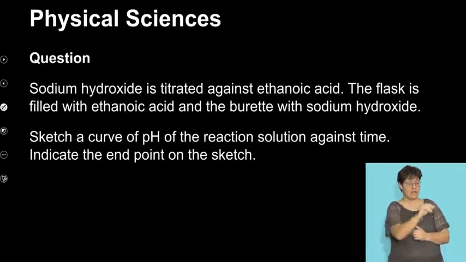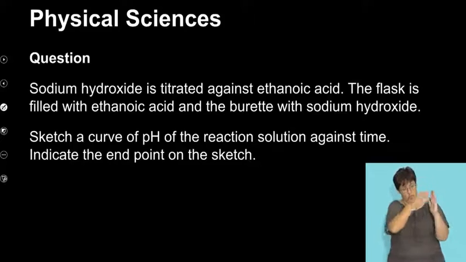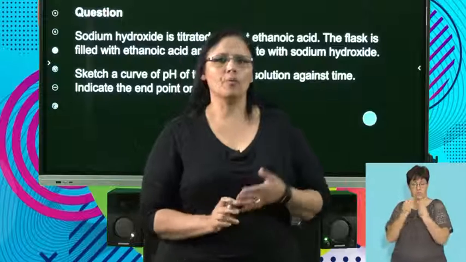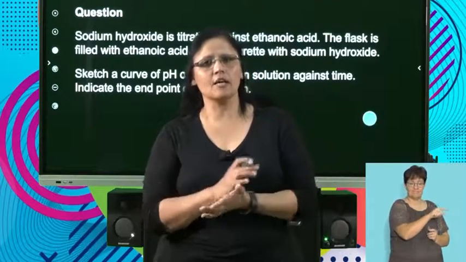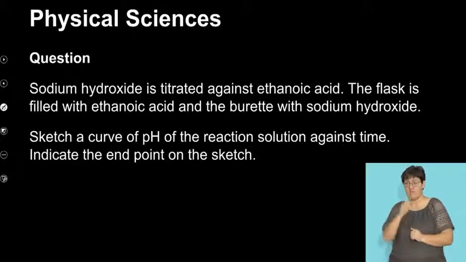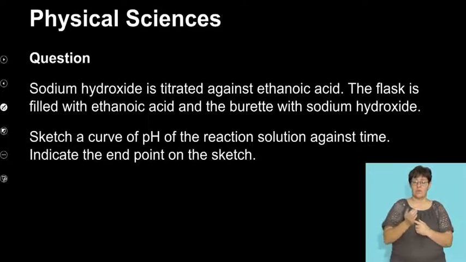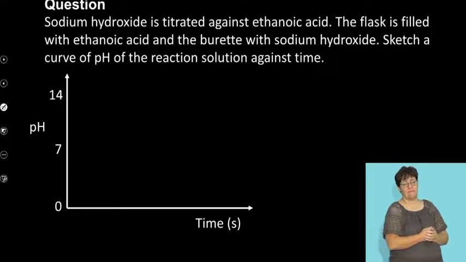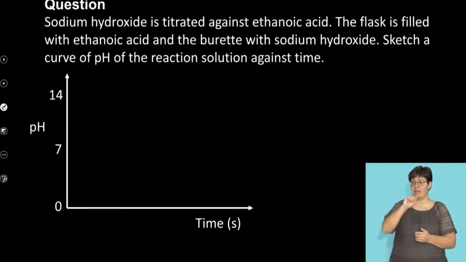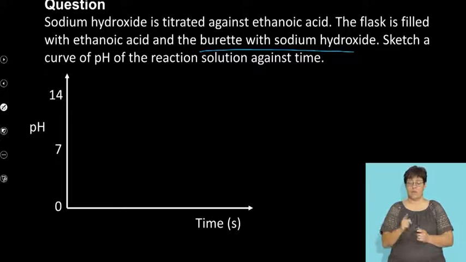Now we ask you to sketch a curve of the pH of the reaction solution, where the sodium hydroxide is titrated against the ethanoic acid. Firstly, we need to show the endpoint. Looking at our axis, the sodium hydroxide is in the burette, and the ethanoic acid is in my flask.